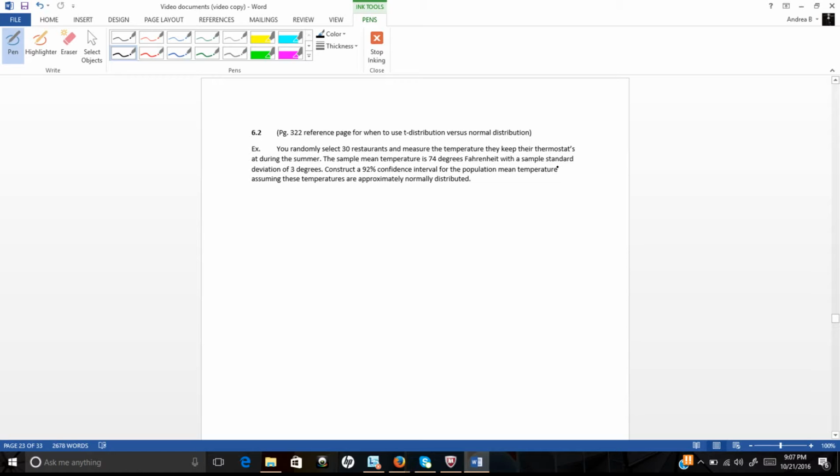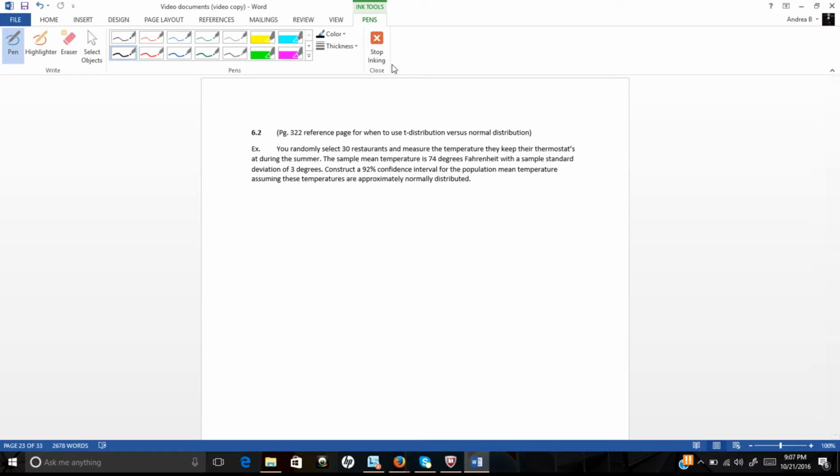So those are some key features to look at in terms of deciding which one to use. In this particular case, we're going to use the normal distribution table. After we get done going through it this way, I'll show you how you'd change this slightly to calculate it if you use the t-distribution.